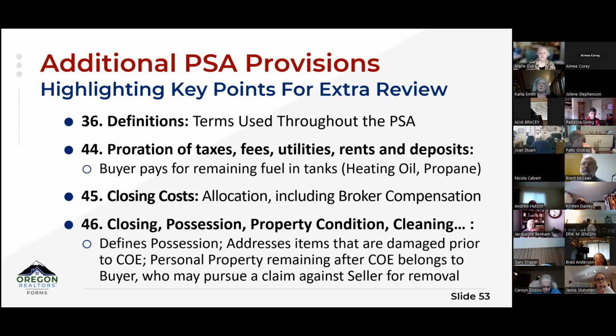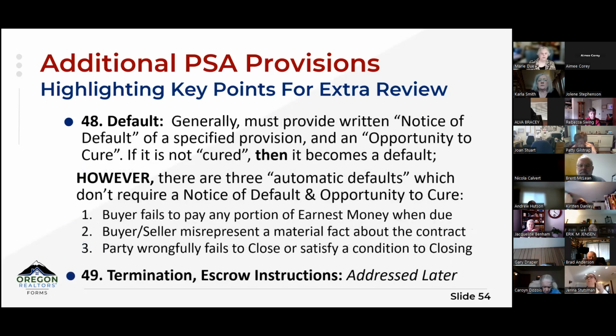But there's a standard called broom clean, meaning that you've brushed everything out, but all of the junk that is there is left. If the buyer has to do something with it, then they can go after the seller for paying for that. And it is in the contract.